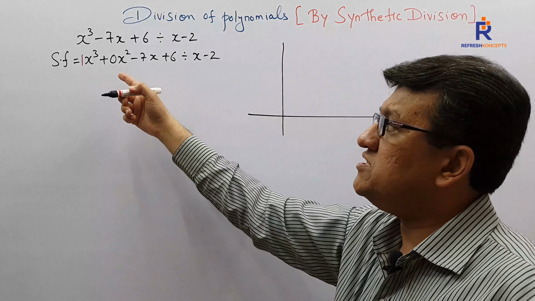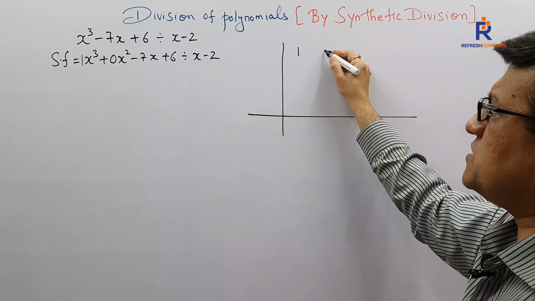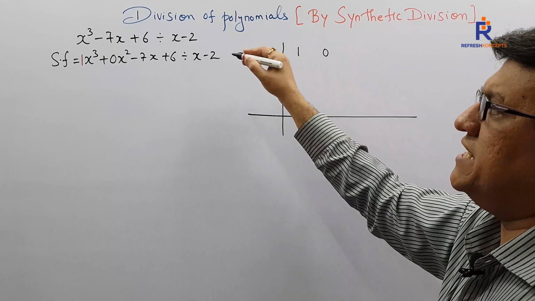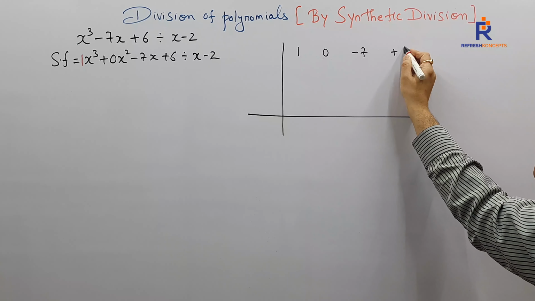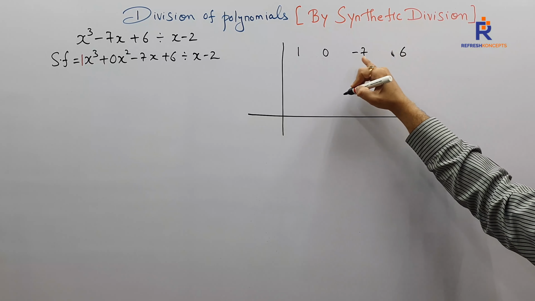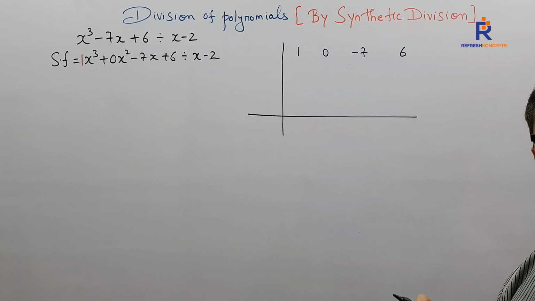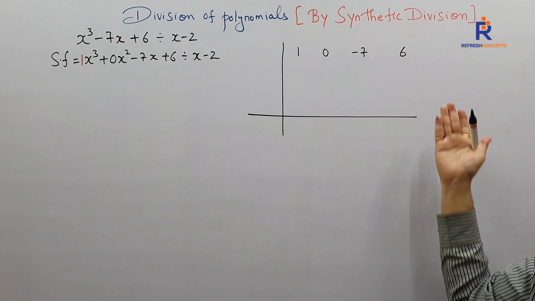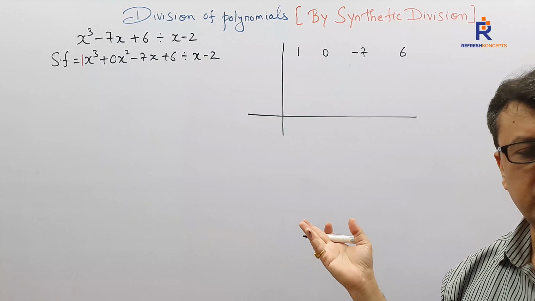So, what are the coefficients? 1. Second is 0. Keep a space. Then comes minus 7. And then comes plus 6. Even if you don't want to write the plus, fine. But whenever there is a minus, see to it that you write that minus. When there is no sign, it is always considered plus. If you want to write it, no problem.